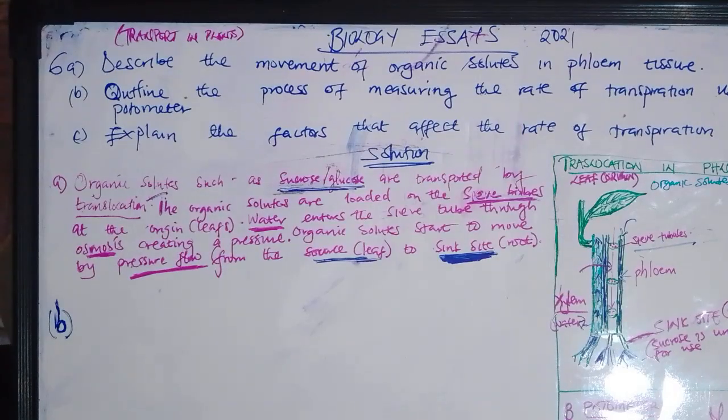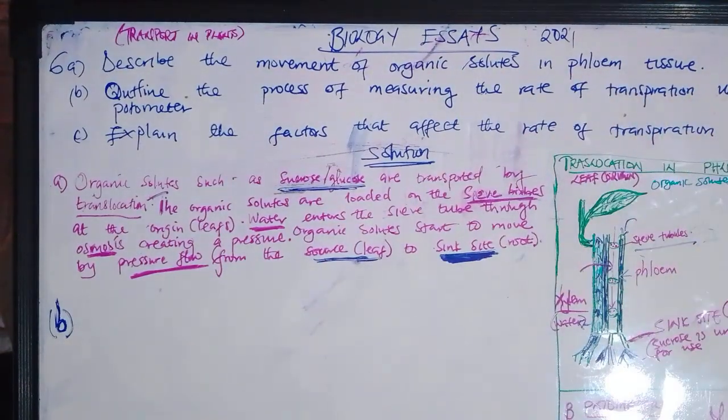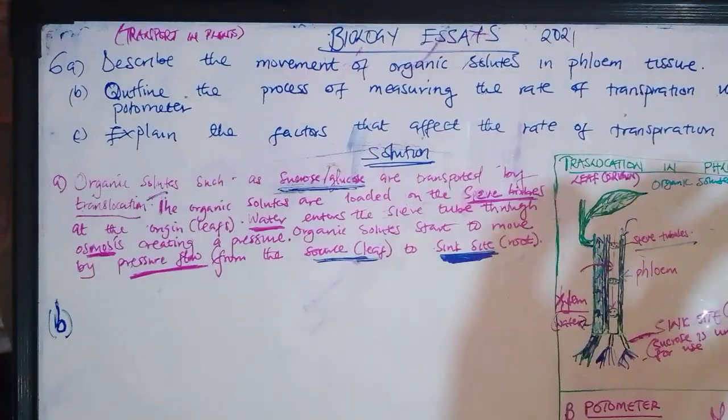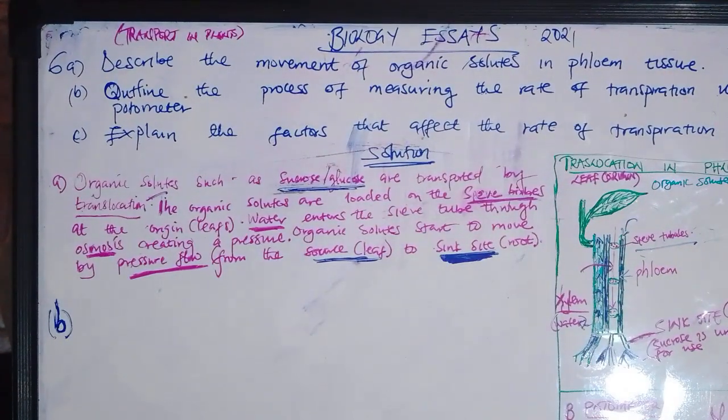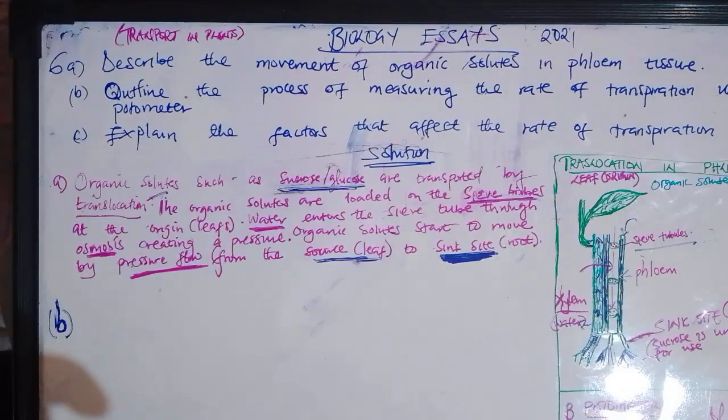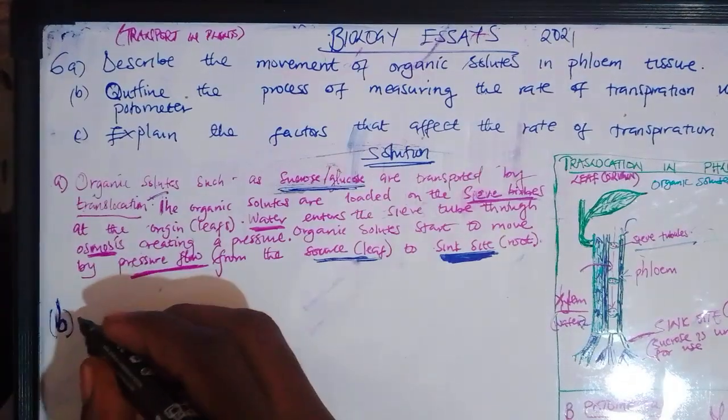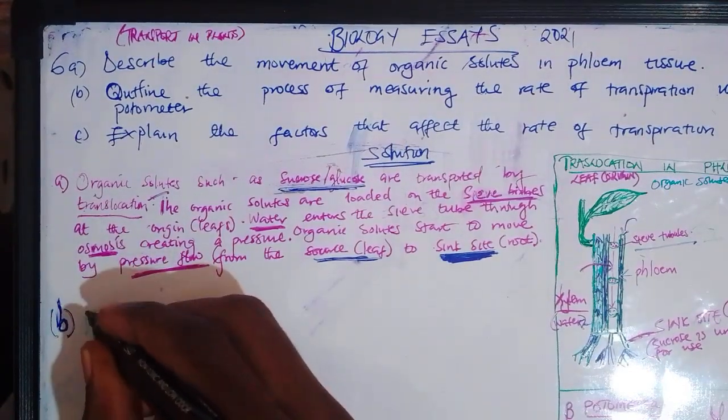How can we measure transpiration? So remember, the first thing whenever you are writing an essay, define what is being talked about. So we are talking about transpiration. So what is transpiration? So you can define transpiration for them.